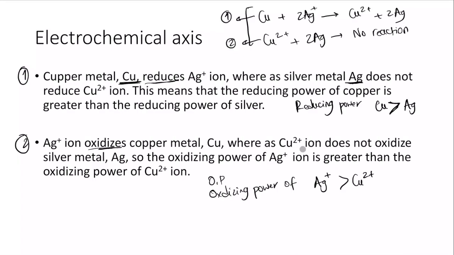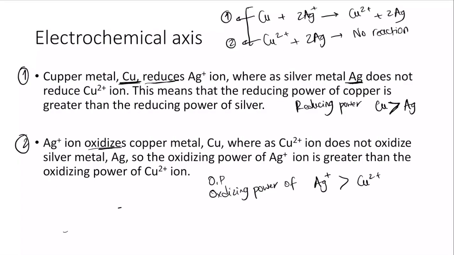The copper ions didn't oxidize silver metal. That's clear because we don't have a reaction. The silver metal didn't lose electrons. So copper ions weren't able to oblige silver metal to undergo oxidation. As a conclusion, Ag+ ions have a greater oxidizing power than Cu2+.